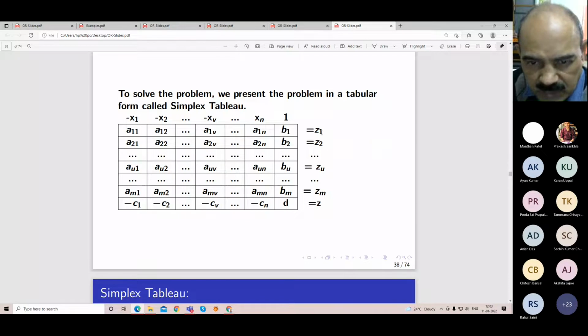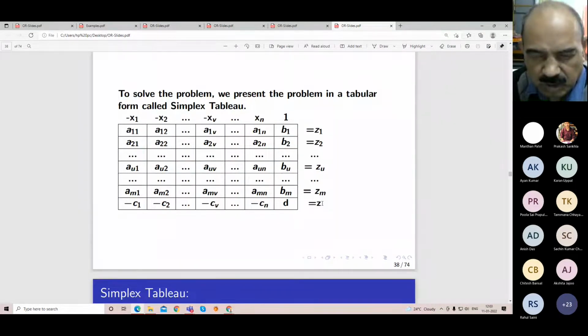Z1, Z2, Z3, then Zu, finally Zm. These are the basic variables: Z1 with respect to the first row, Z2 with respect to the second row, Zu with respect to the uth row, and Zm with respect to the last row, with respect to the mth constraint.